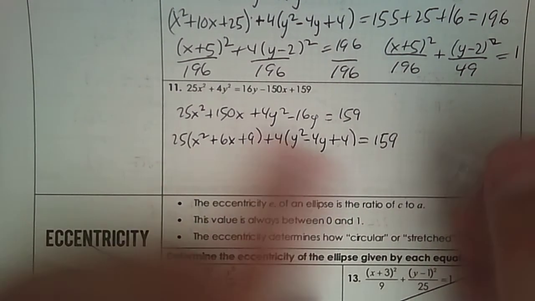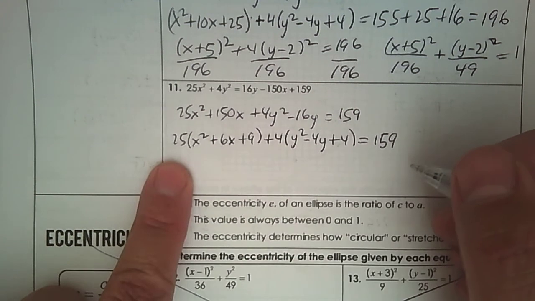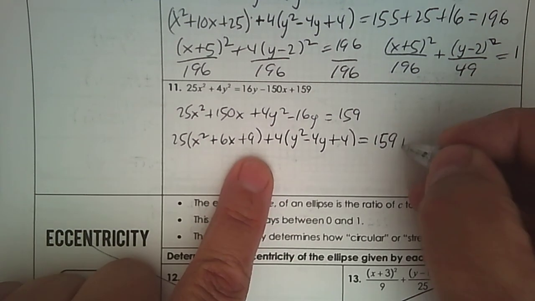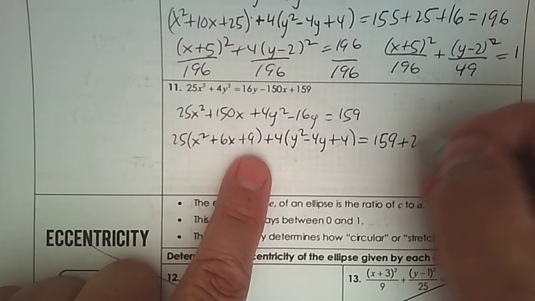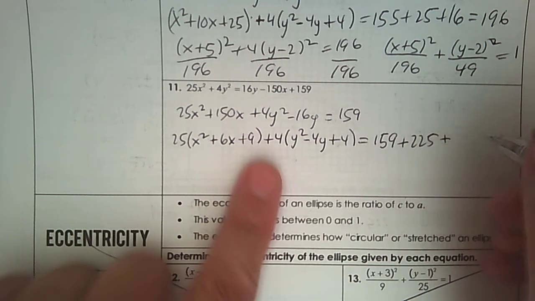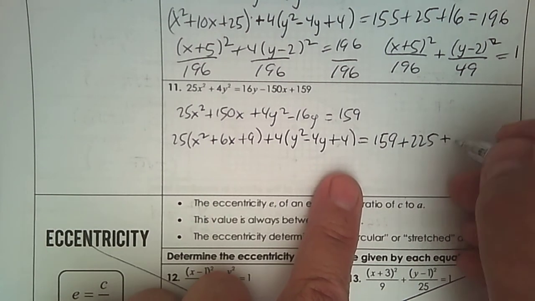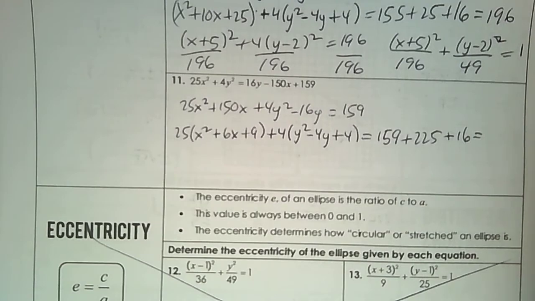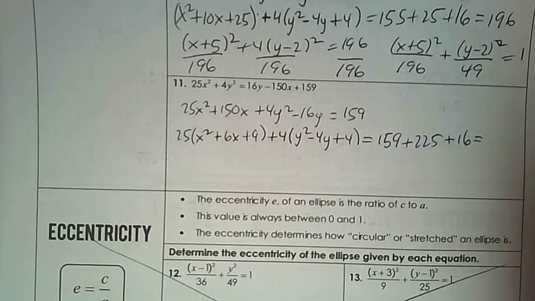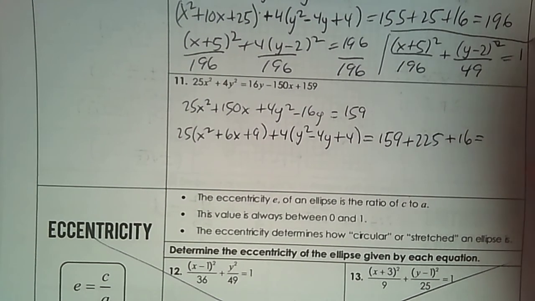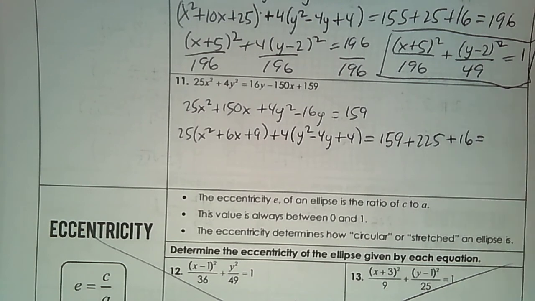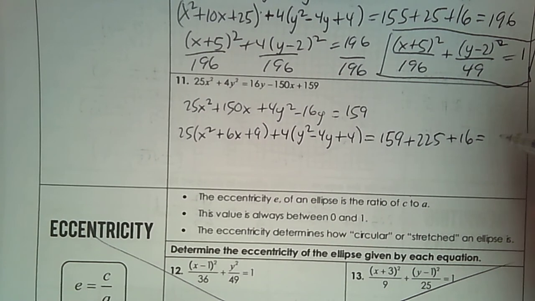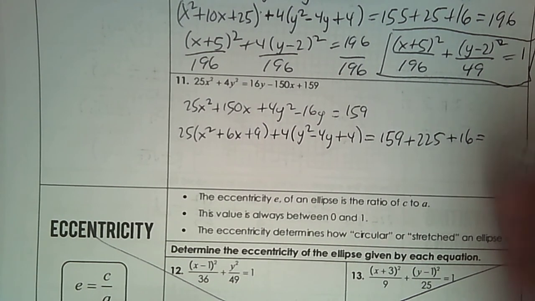And then what number gets added to the other side? So 25 times 9. How many quarters is 9 quarters? It's 225. And then 4 times 4 is 16. So that's the number you're going to add up on the right side. So 159, 225, and 16. So if you add that up, it's actually exactly 400.